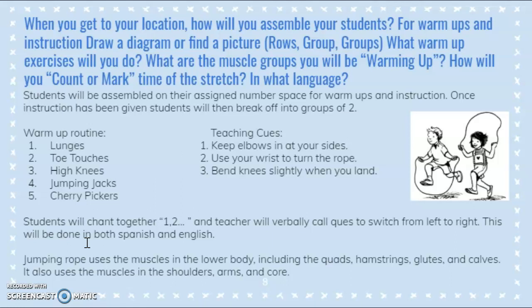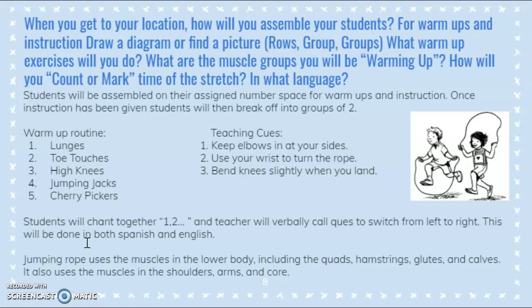So if we're chanting up to 10, once we read 8, 9, 10, okay, switch. And then if we just did the left, we'll switch to the right or vice versa. And this can be done, also, we can count in Spanish or English.